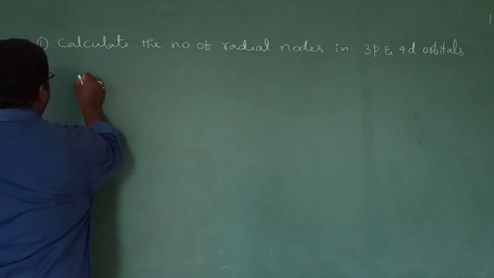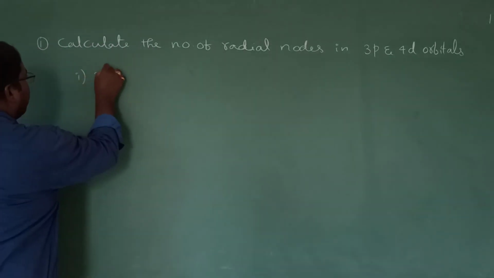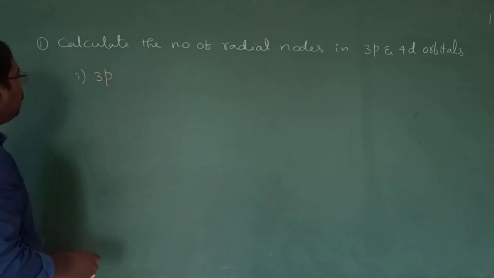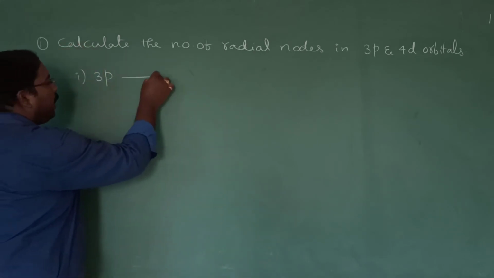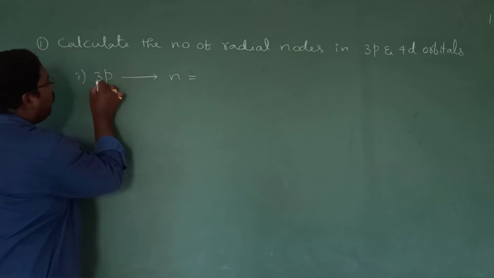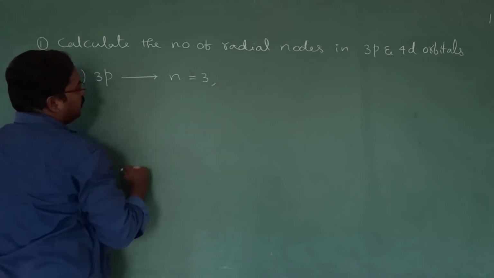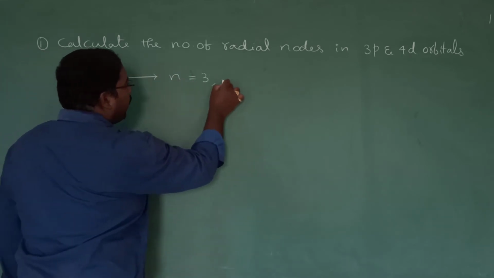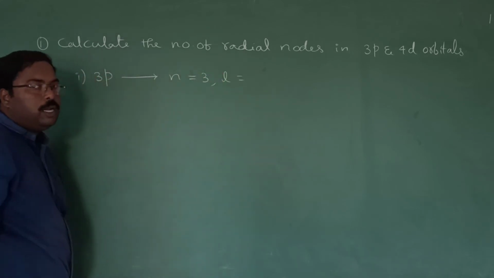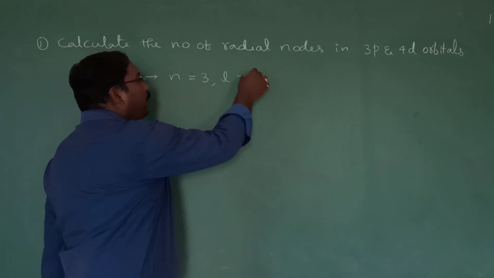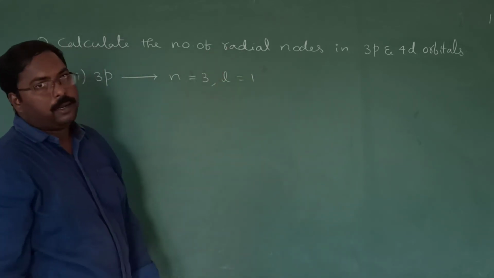Now first let us take the 3p orbital. By looking at the 3p orbital, we came to know the n value is 3. What about the L value for p orbital? We know for s orbital it is 0, for p orbital the L value is 1.